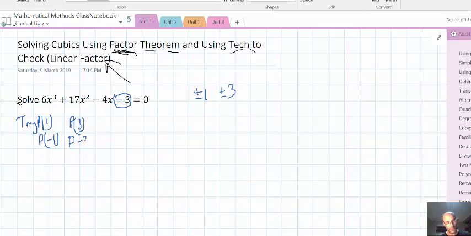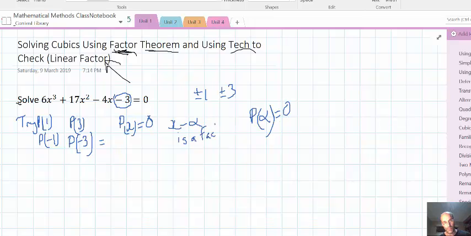Just to keep things short, P of -3 is the one that works. When P of alpha equals 0, x minus alpha is a factor. That's from our previous work.